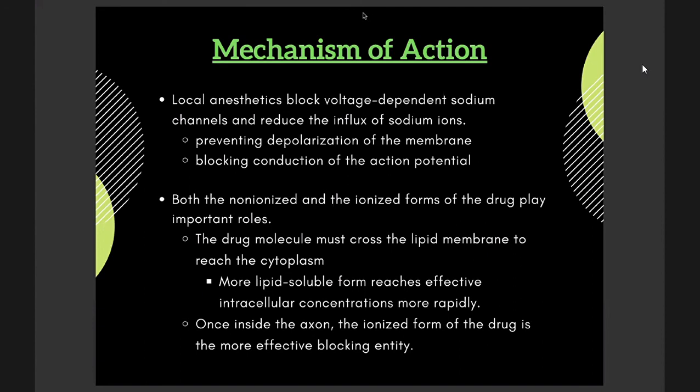The more lipid soluble a drug is, the more potent it is. So that is why in local anesthetic toxicity, the more lipid soluble the local anesthetic, the more tendency that it will produce toxicity, just like your bupivacaine, more lipid. So lipid solubility would indicate potency.